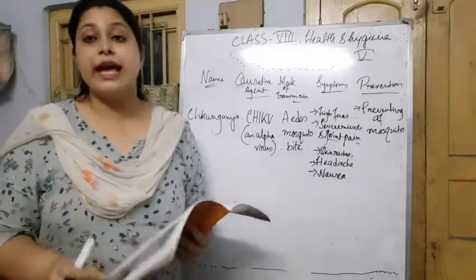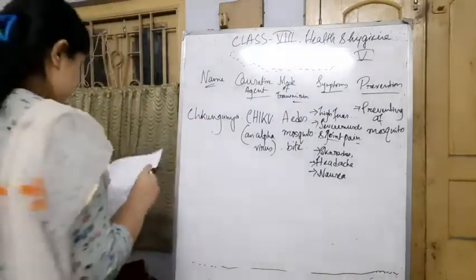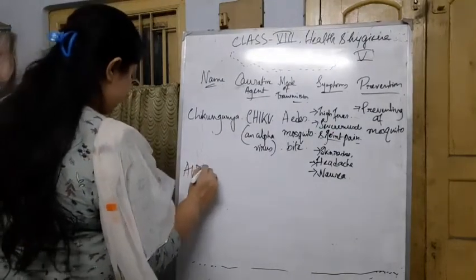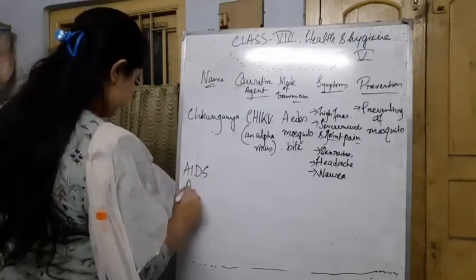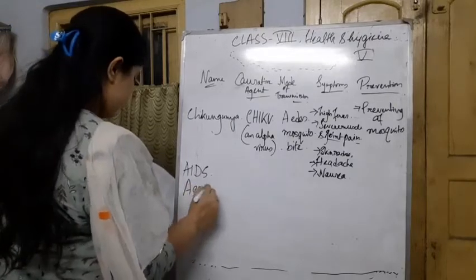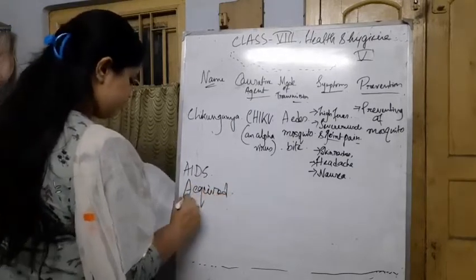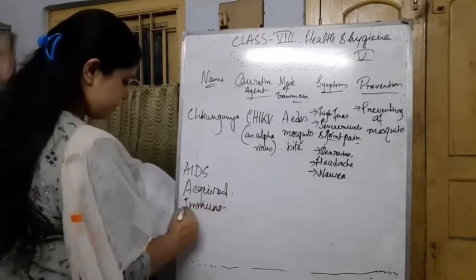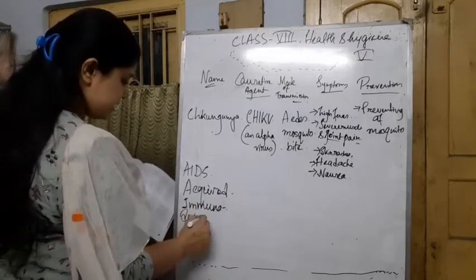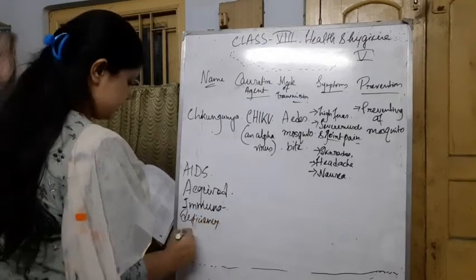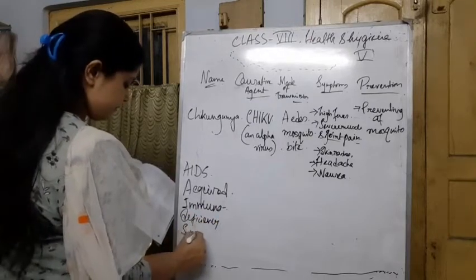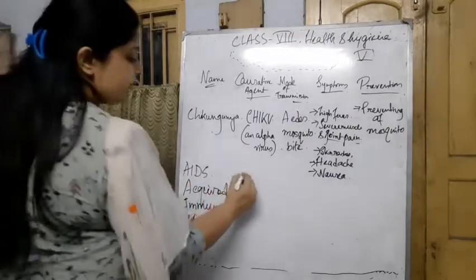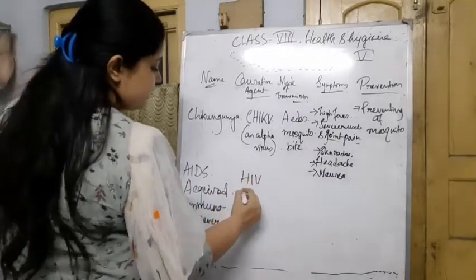Next, I am going to AIDS. The full form of AIDS is acquired immunodeficiency syndrome, and the causative agent is the HIV virus.